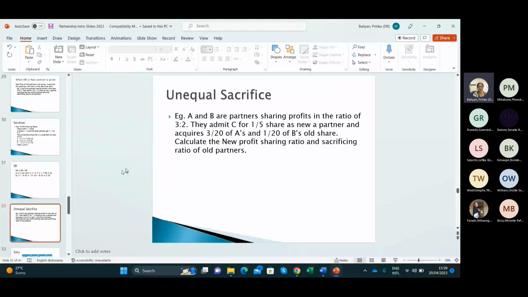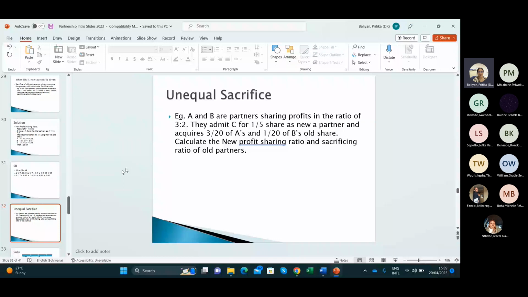Okay, sometimes even in the first condition they do not sacrifice equally, but there is unequal sacrifice, and we know how much the old partner is sacrificing for the new partner. You can see this by this example. A and B are partners sharing profits in the ratio of 3:2. At the beginning, there were two partners in the business sharing profit and loss in 3:2.